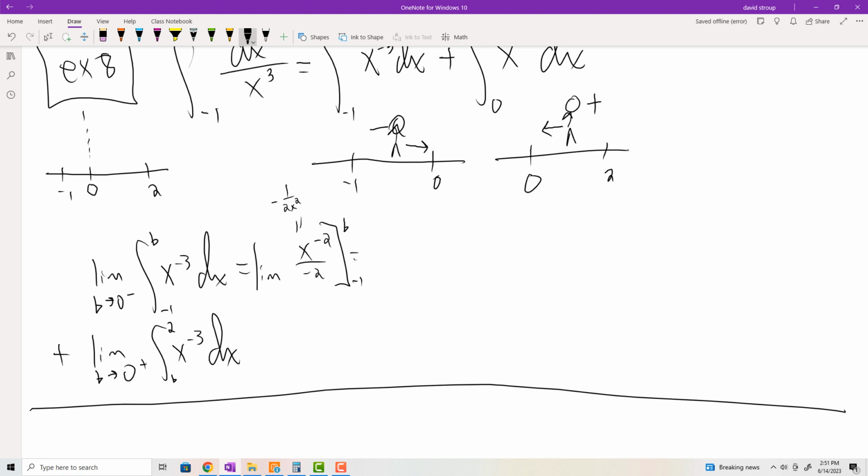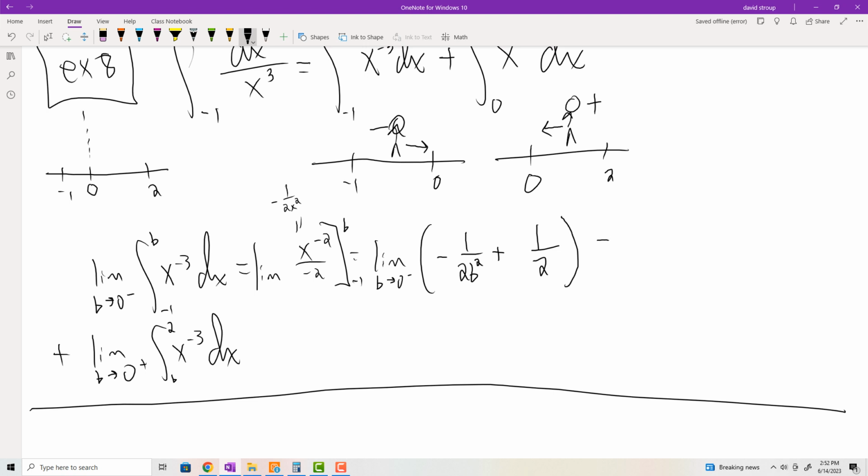Okay? And then putting in our limits, I have the limit as b goes to 0 from the left of negative 1 all over 2 times b squared minus negative, so that'll become plus 1 all over 2 times negative 1 squared. Negative 1 squared, of course, is 1, so it'll just be 1/2.